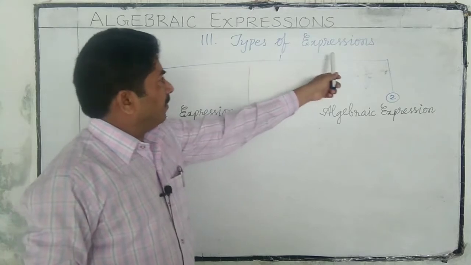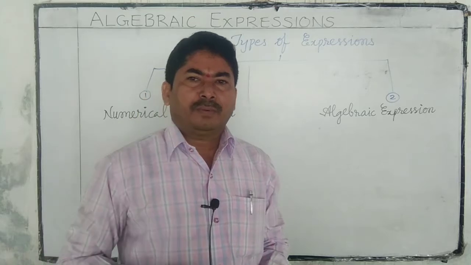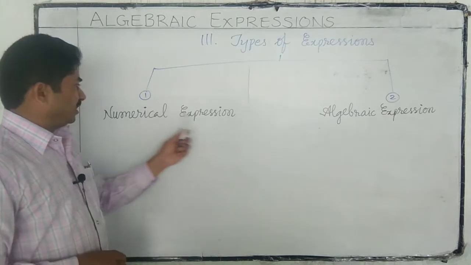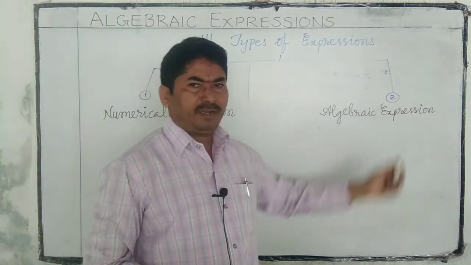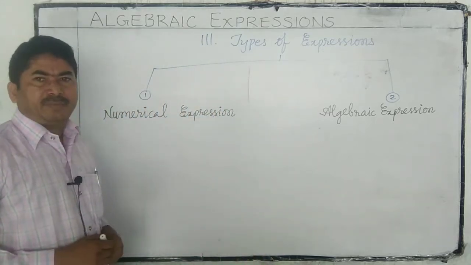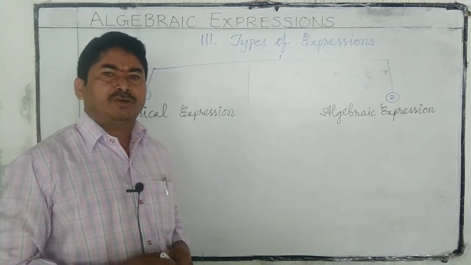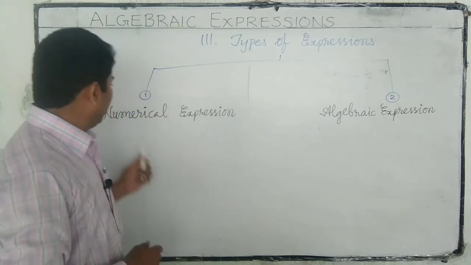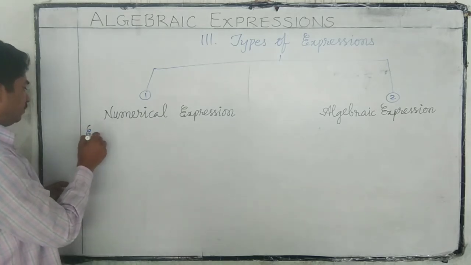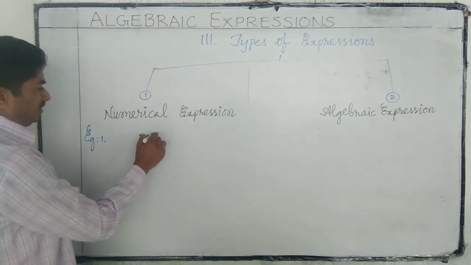Third one, types of expressions. There are two types of expressions. They are numerical expression. Second one, algebraic expression. What is a numerical expression? If every term of an expression is a constant term, is called a numerical expression. Example, two plus 3.